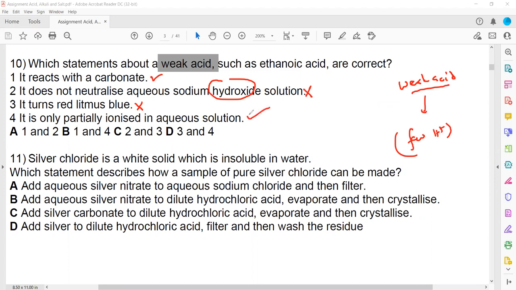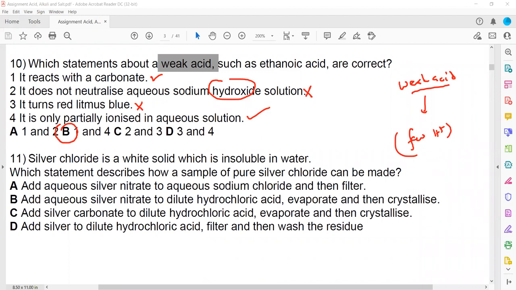So that is the right option. Statement 1 and statement 4 are correct. That is why B is the right answer. Is it clear?